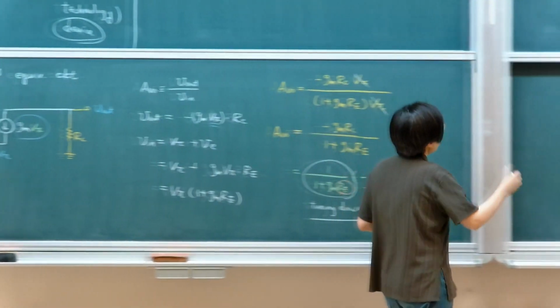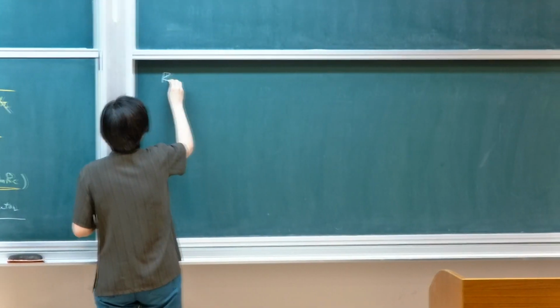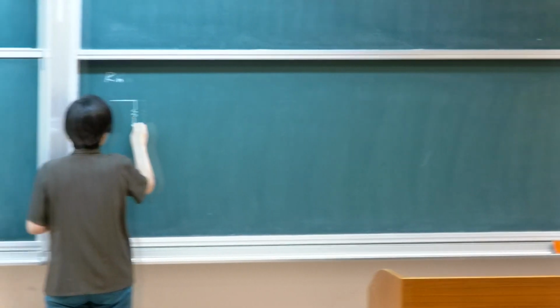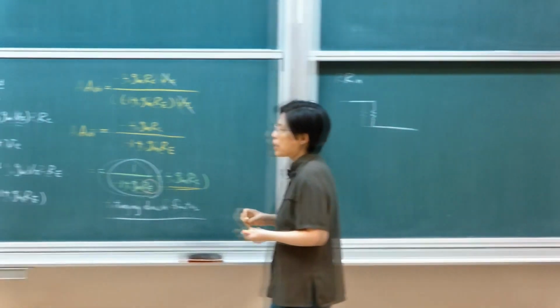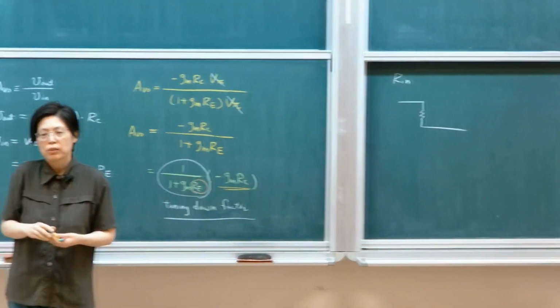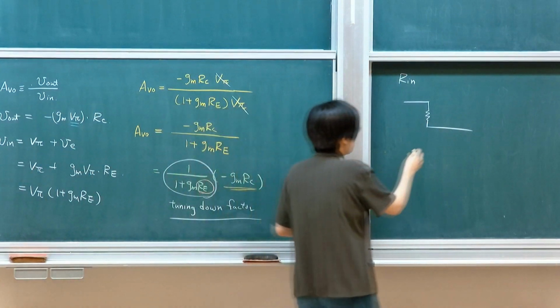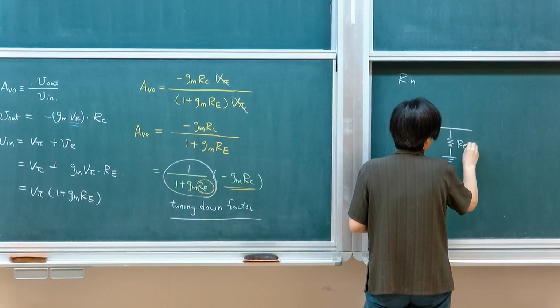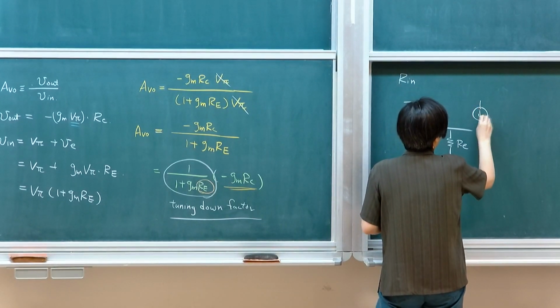So let's look at input resistance. How does this affect my input resistance? Anyone want to make a guess whether your input resistance will increase or decrease? Make a guess before we go into the math or the analysis. What do you think?